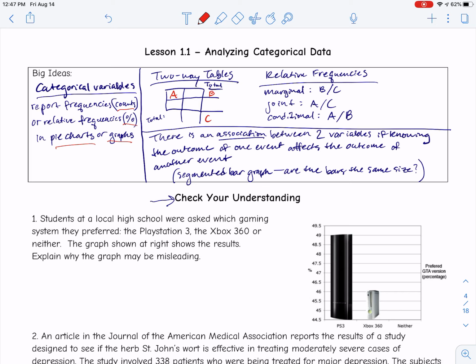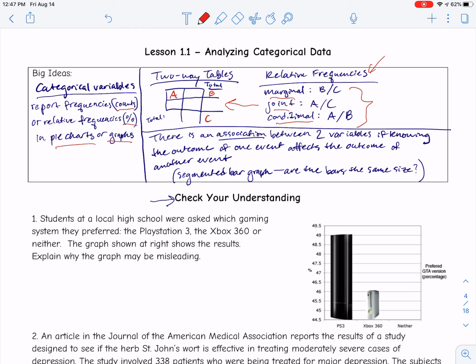Diving deeper into relative frequencies, we used a two-way table to calculate an example of each of these: a marginal relative frequency, joint, and conditional. And you can use this as a key to quickly identify what type of relative frequency you're being asked to calculate.